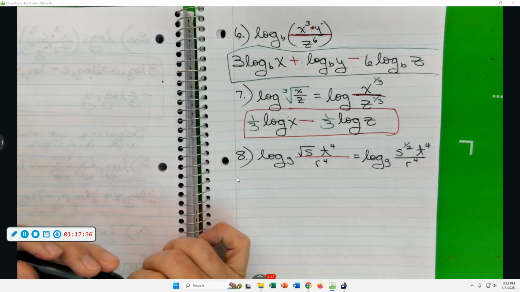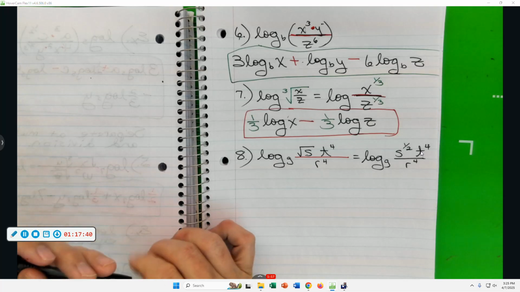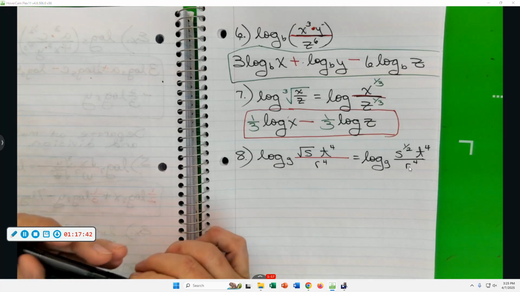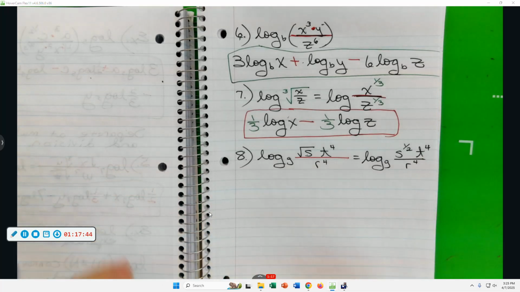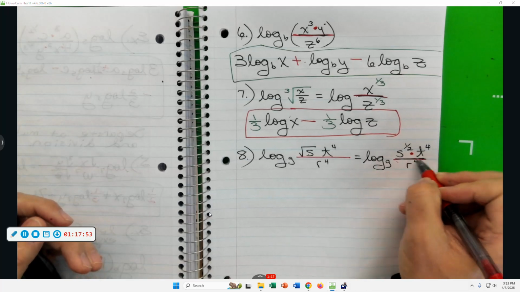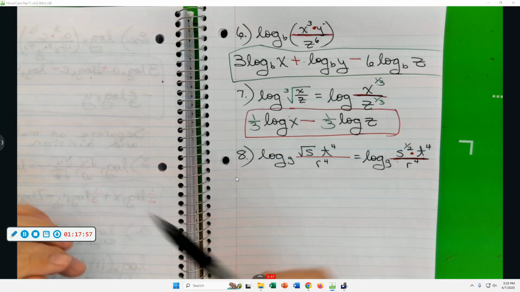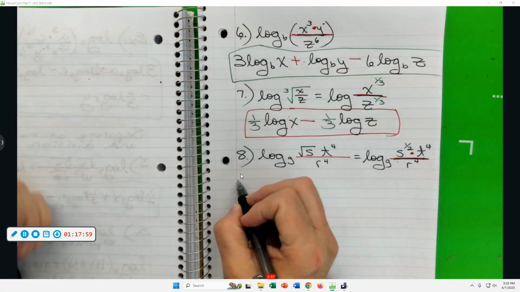How many distinct factors do we have on top? Two. On bottom, one. So that means we have a total of 3 logarithms in our expansion. Put your red dot, and y'all start calling it out. We split up here at division and multiplication. So here we go. Call it out as if you were typing it in. What would you type in first?